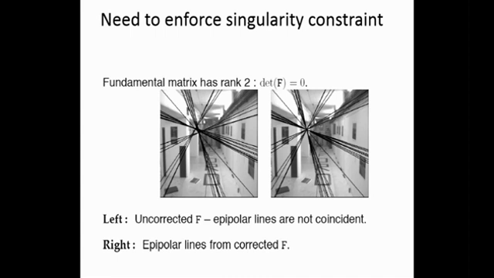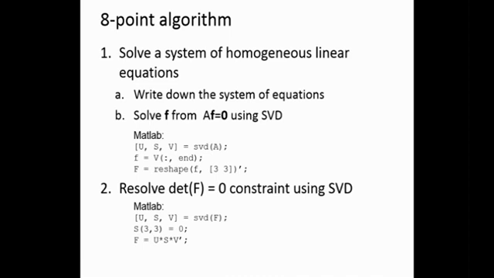At this point, though, I haven't enforced all my constraints. The determinant of F must be equal to 0, but the solution that I get for F will not have a determinant of 0. The consequence is that if I draw my epipolar lines, they won't exactly coincide because I won't have solved for a valid fundamental matrix. So we want to force the determinant of F to be equal to 0 so that the lines coincide. We can do that very simply using SVD.